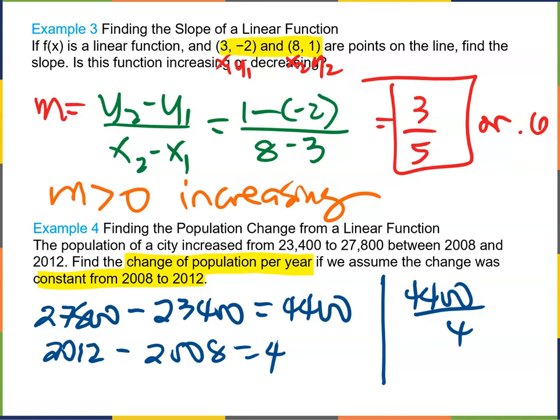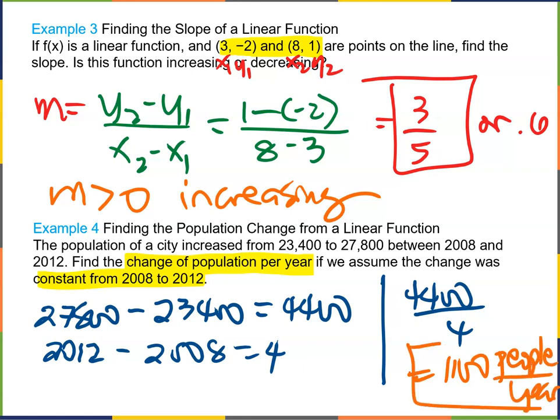When we divide that, it is equal to 1,100 people per year. So the population increased by 1,100 people per year. So that's how you analyze your slope.